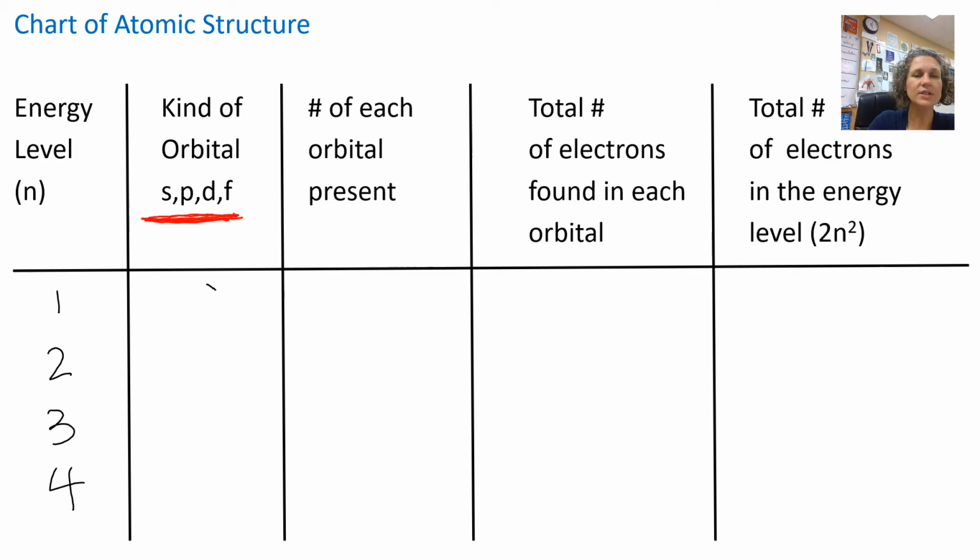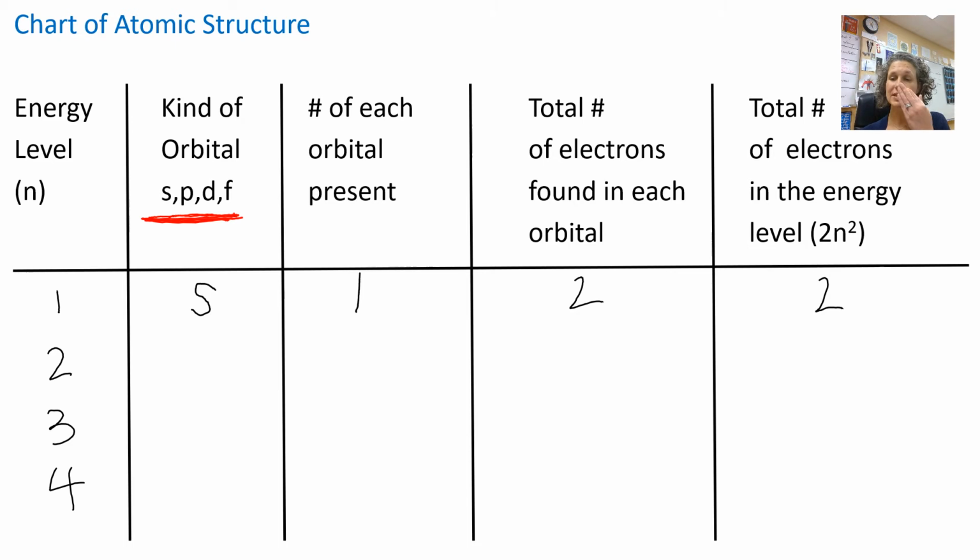You have just an S orbital in that one. There is only one type of orbital, and it is S. And it can hold a total of 2 electrons. Now that last column, the total number of electrons in the energy level, in this case it will be 2 because we only have this one energy level.